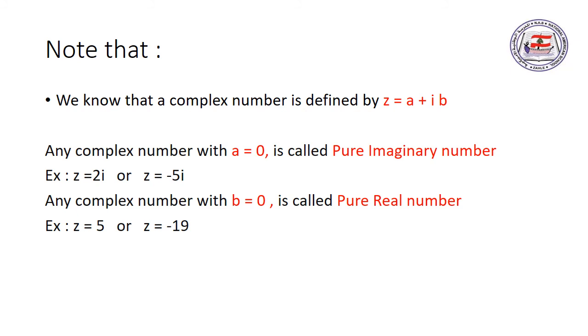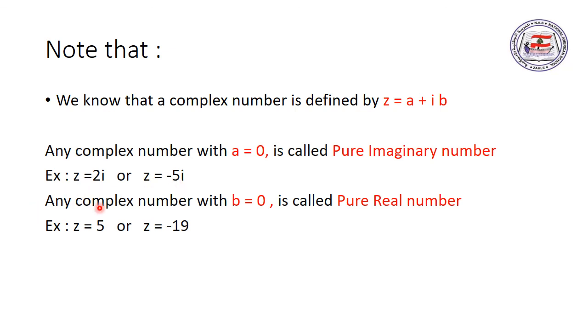We know that a complex number is defined by z equal a plus ib. But for any complex number with a equal to 0, it's called a pure imaginary number, like shown in the previous example 8, or when z is equal to 2i or z equal negative 5i.